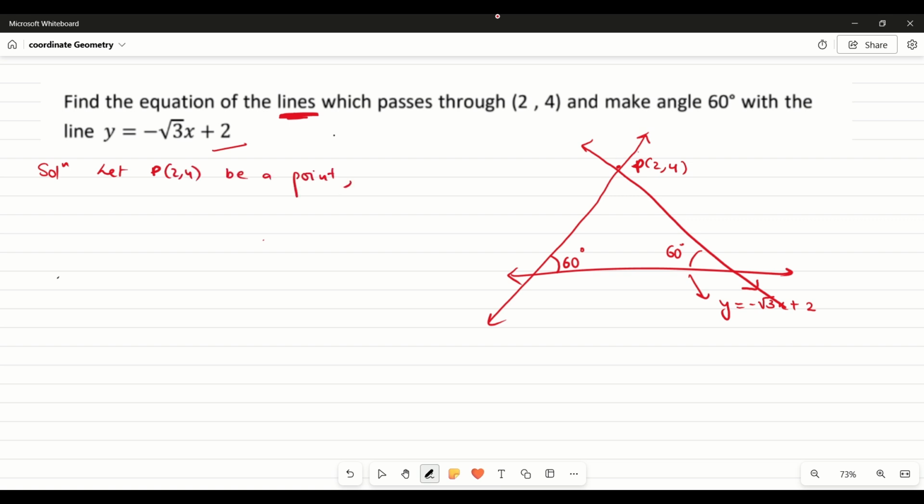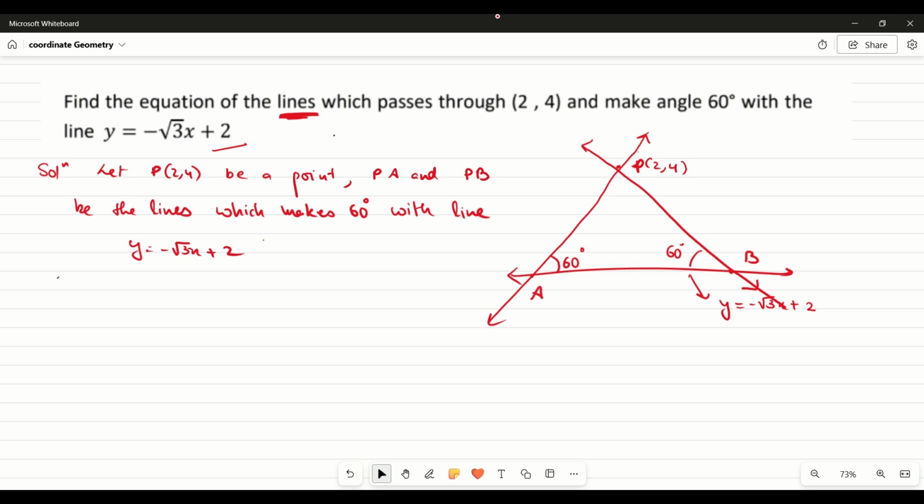Let P (2, 4) be a point, and let's say this is point A, this is point B. So PA and PB are the lines which make 60 degrees with the line y equals minus root 3 x plus 2. Okay, so we made the possible figure.